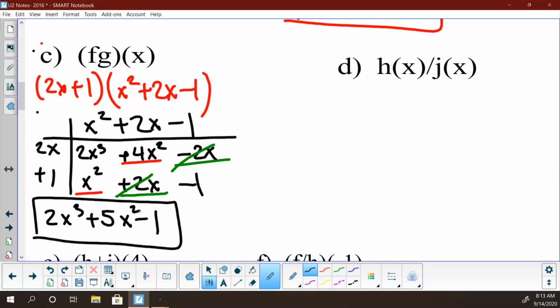Ready for part D? All right, so h of x is 1 minus x. And then remember, we're dividing by the function j of x, which is 1 over x. Now, what happens when you divide by a fraction? Yeah, it's multiplying by the reciprocal.